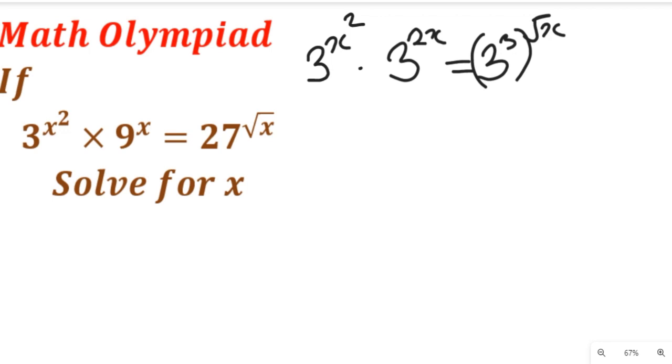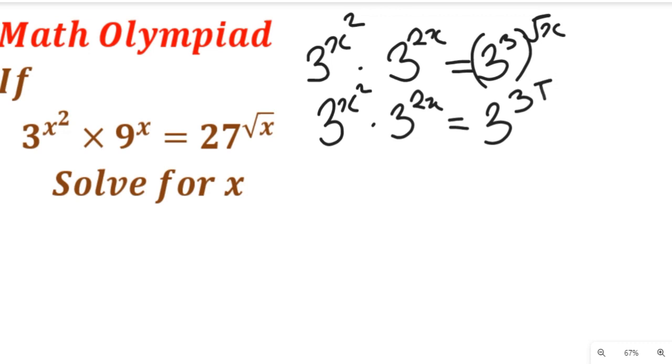If we simplify this, we are going to have 3 to the power of x squared multiplied by 3 to the power of 2x equal to 3 to the power of 3 multiplied by root x.